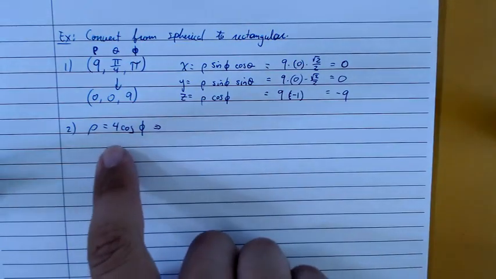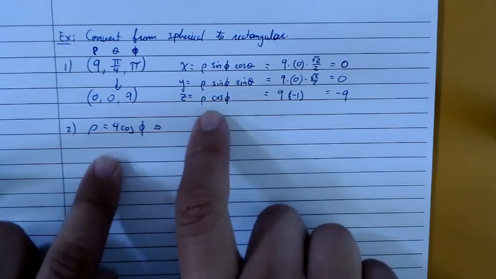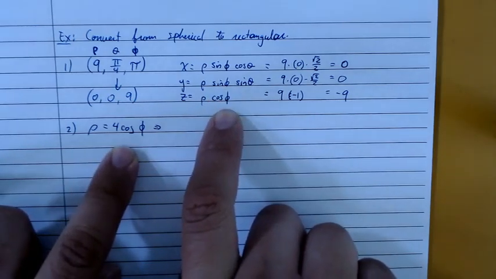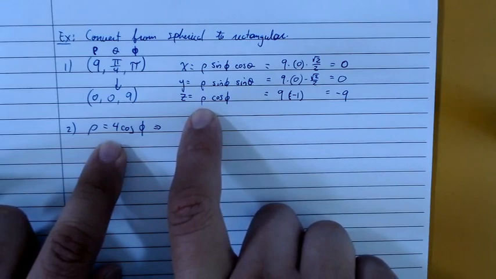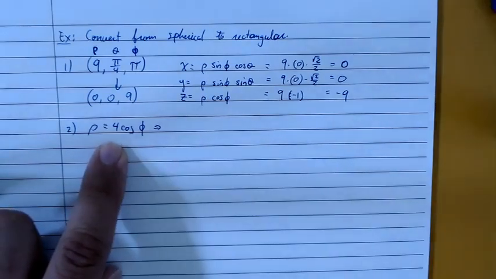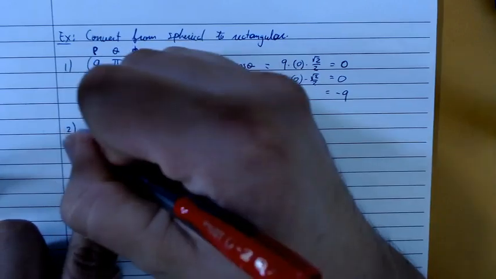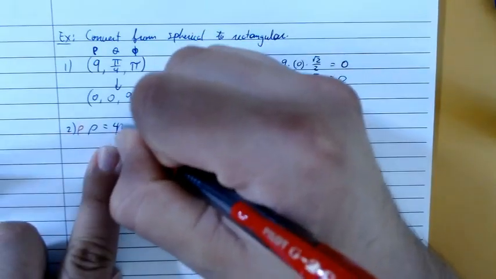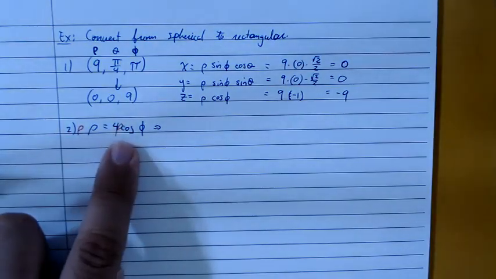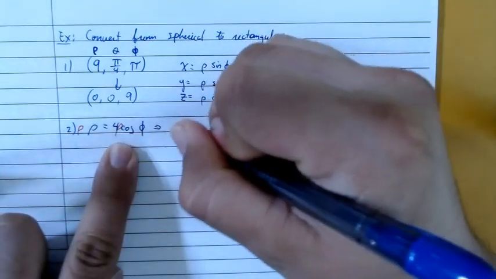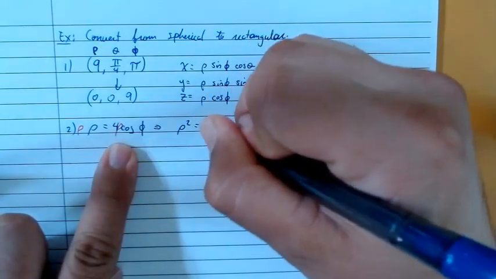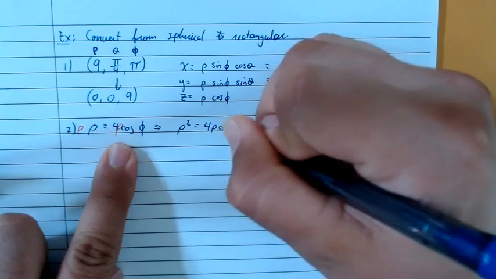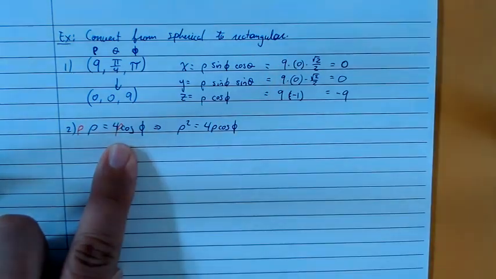I see cosine of phi right here, but it needs an extra rho in there. So let me multiply on both sides by rho. This is going to give us rho squared equals 4 rho cosine of phi.